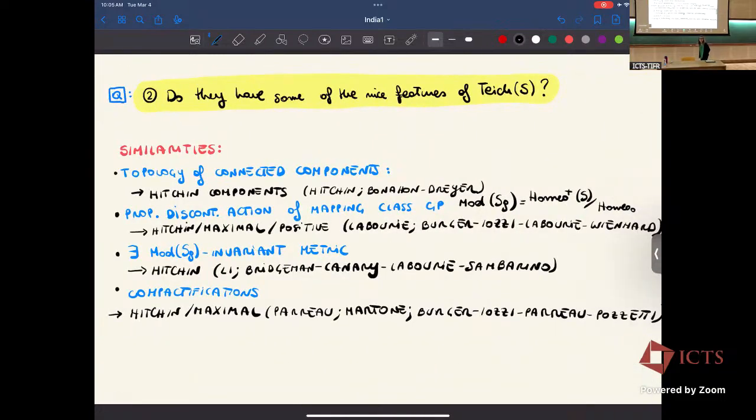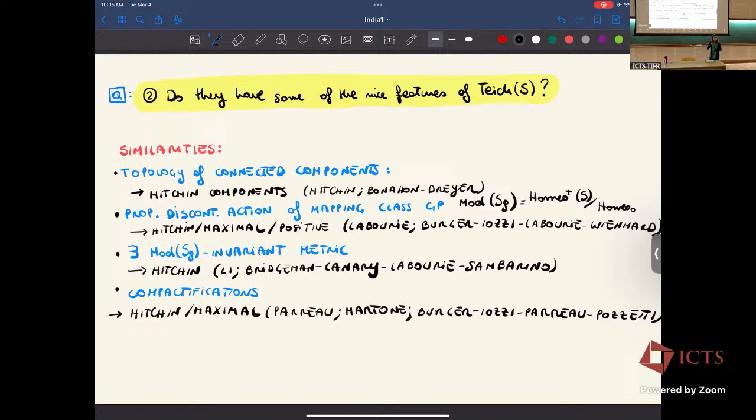do these spaces have some nice properties, like Teichmüller space? And in a lot of settings, the answer is yes. In many cases, these components have a trivial topology, for example, the Hitchin component is a ball of a certain dimension. The mapping class group acts properly discontinuously on them.